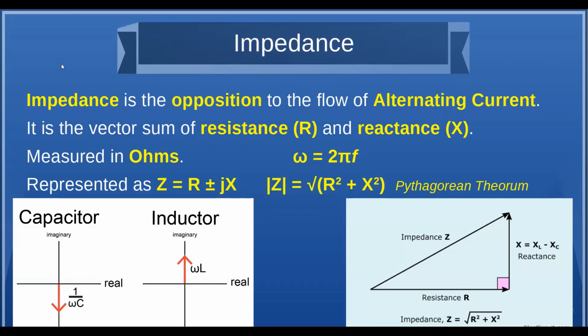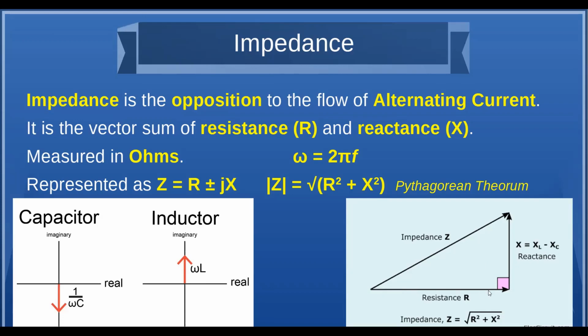Okay, impedance, the opposition to the flow of alternating current. So it turns out it's the vector sum of the resistance, which is the opposition to DC current, and the reactance, which is the opposition to AC by an inductor or a capacitor. So this is where we get back to the old right triangle.